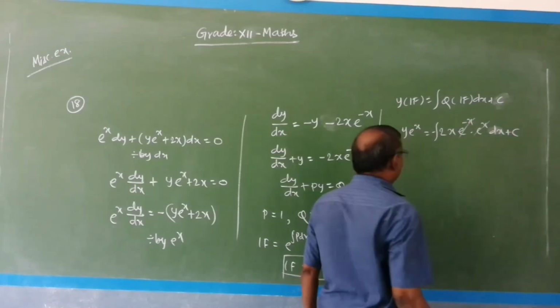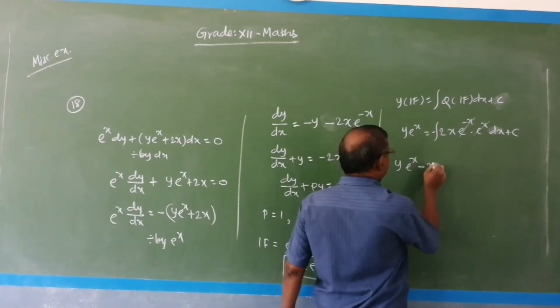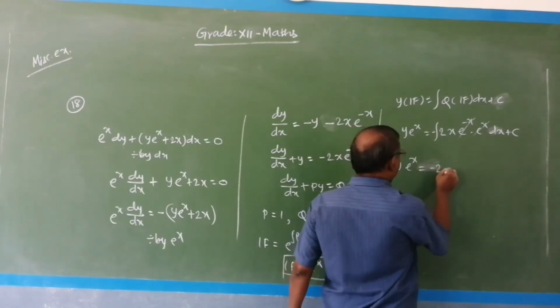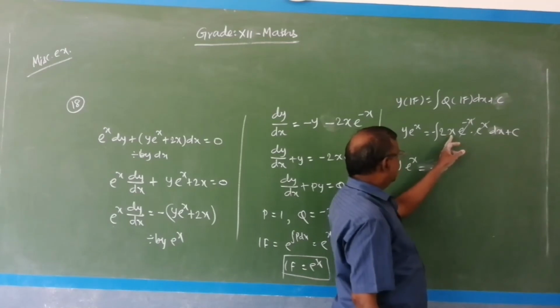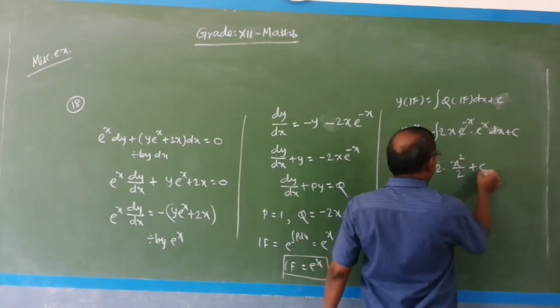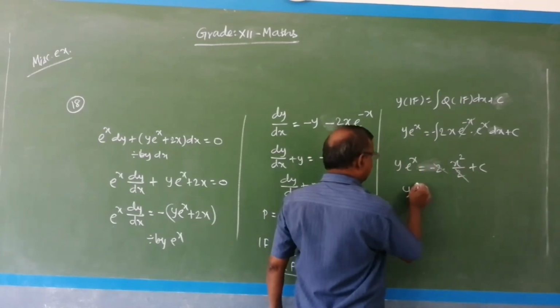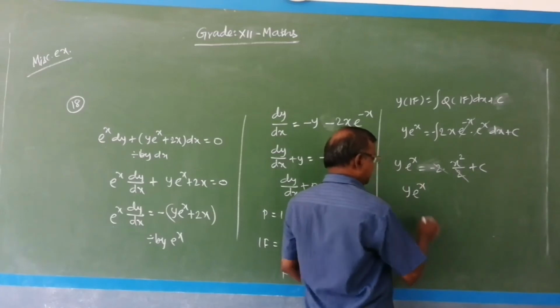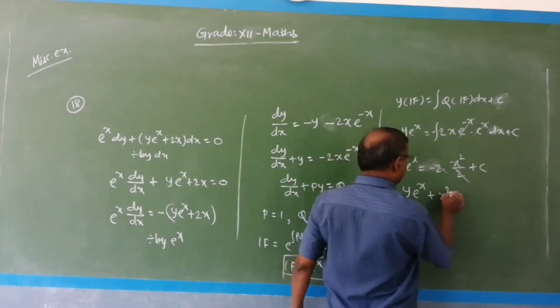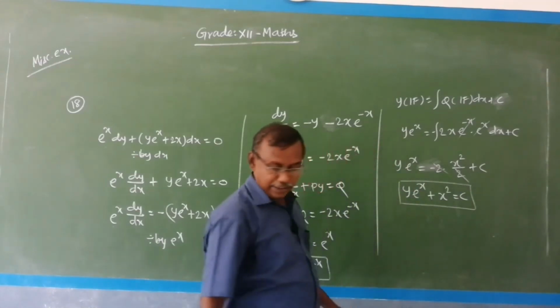So, this is y e power x equal to minus 2 into, integral x dx means x square by 2, plus c. So, eliminating 2, we have y e power x plus x square equal to c. So, this is the required general solution.